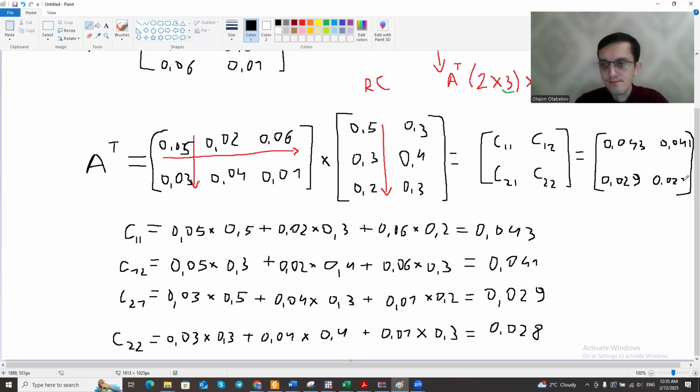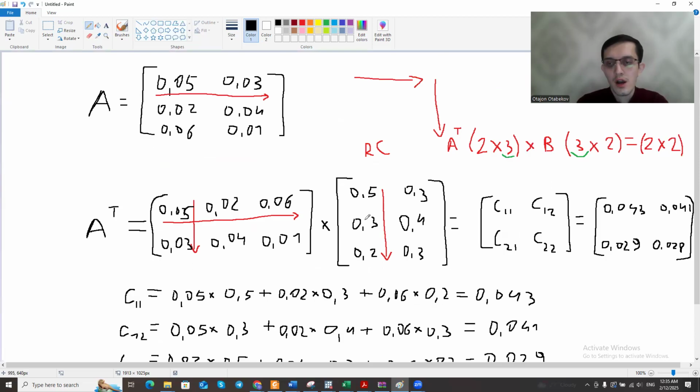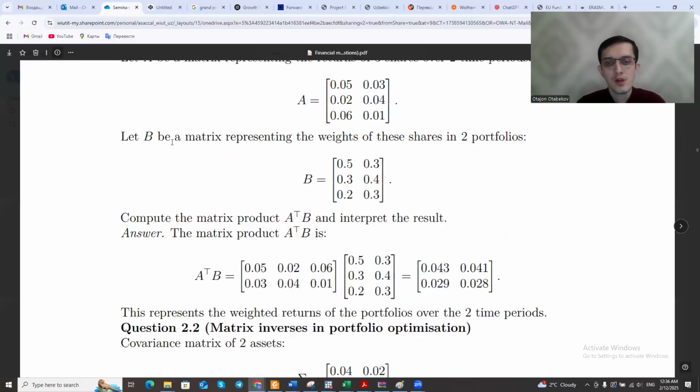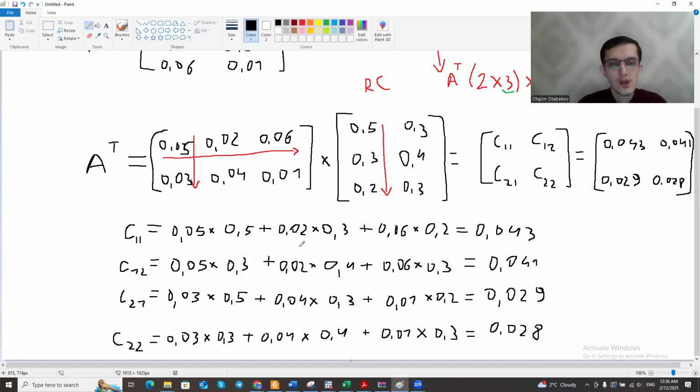So it looks like 8. Okay, this is how we solve the question 2.1. This was our question 2.1. And this is the answer here. Just the answer is shown, but this is the way of solving.